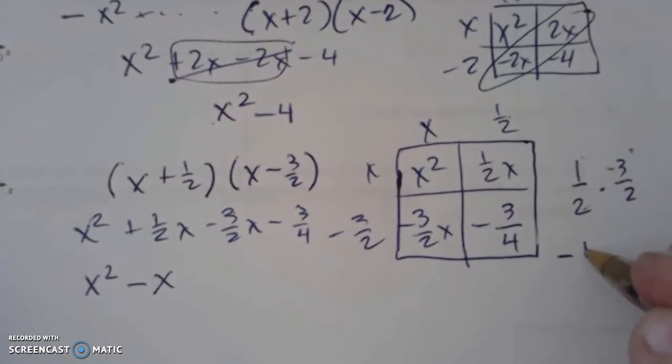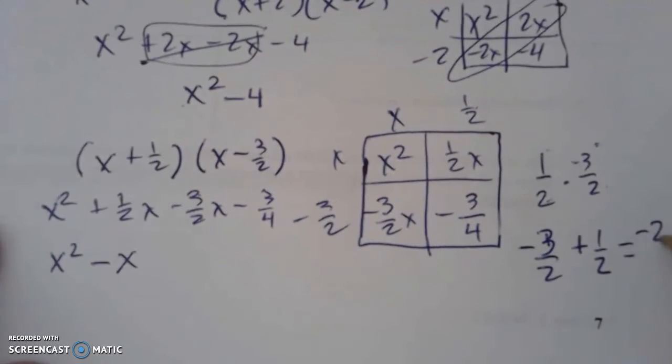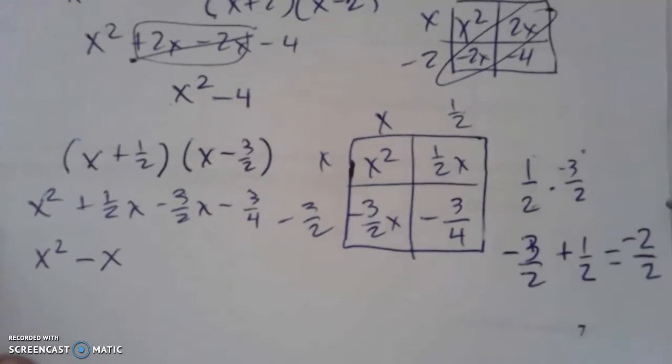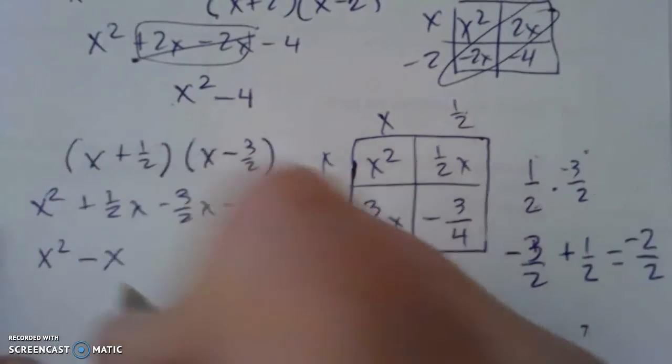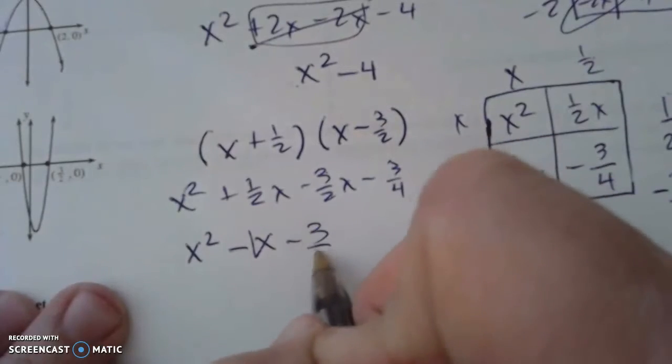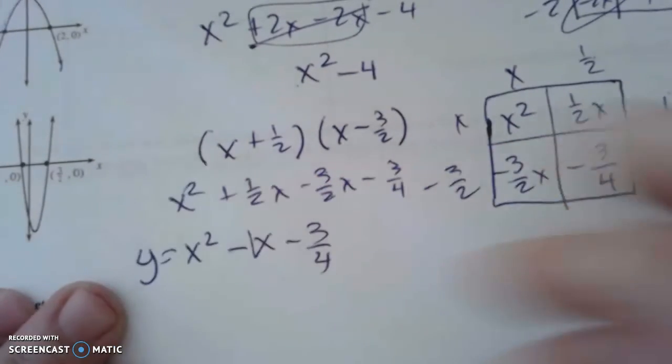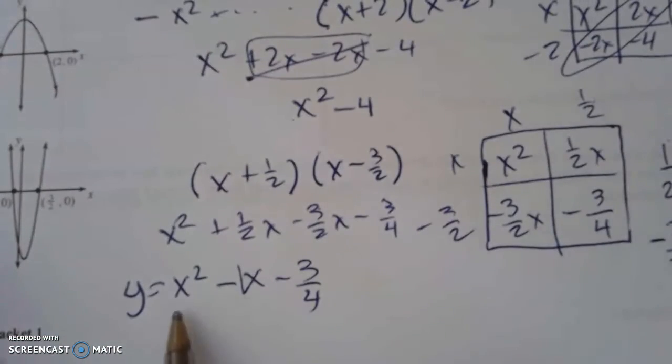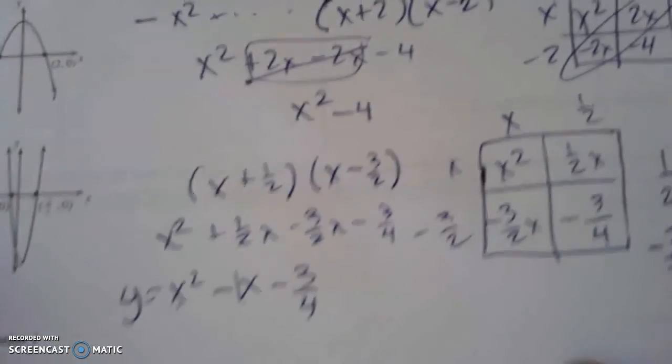Negative 3/2 plus 1/2 equals negative 2/2, and negative 2 over 2 is negative 1, so that's why I'm putting a negative 1 right here. Minus 3/4. Okay, there's my equation. So x squared minus 1x minus 3/4.